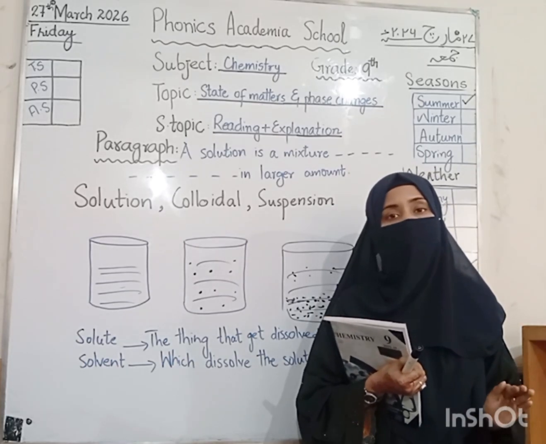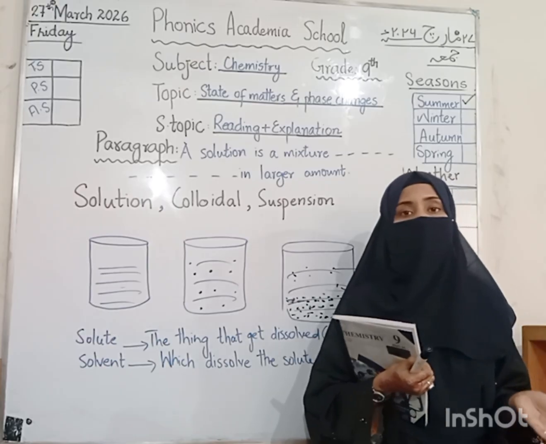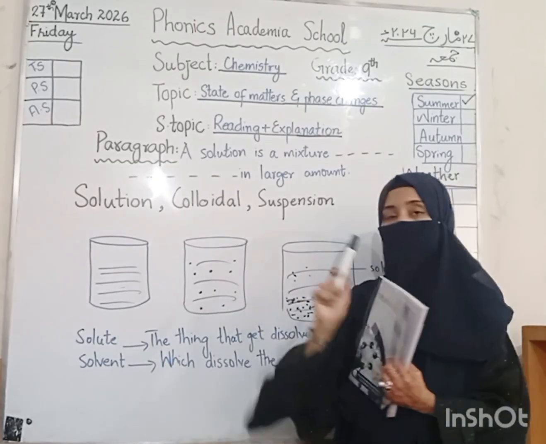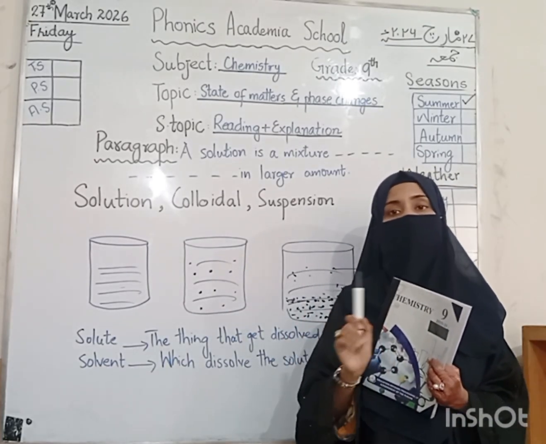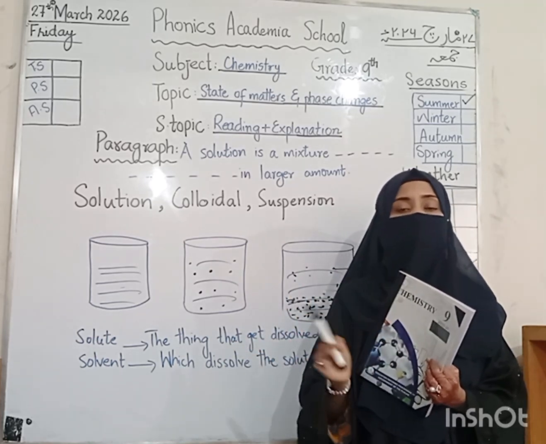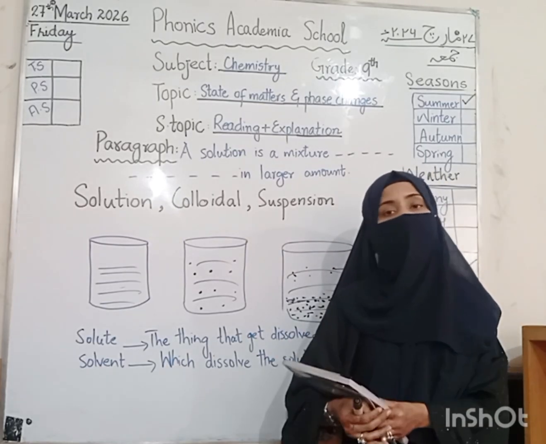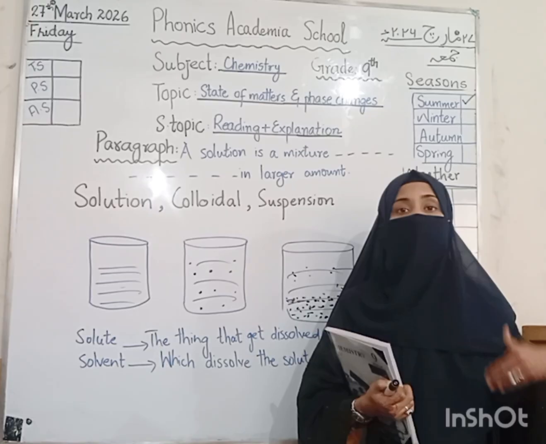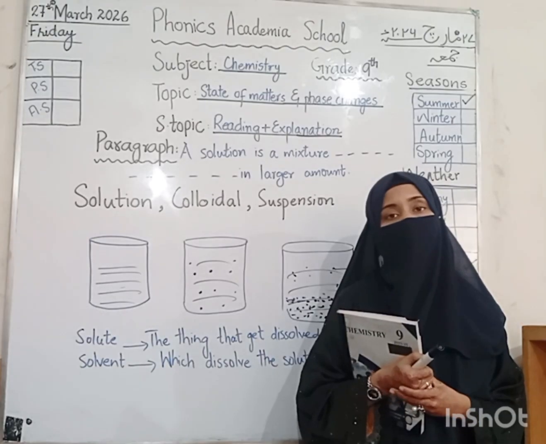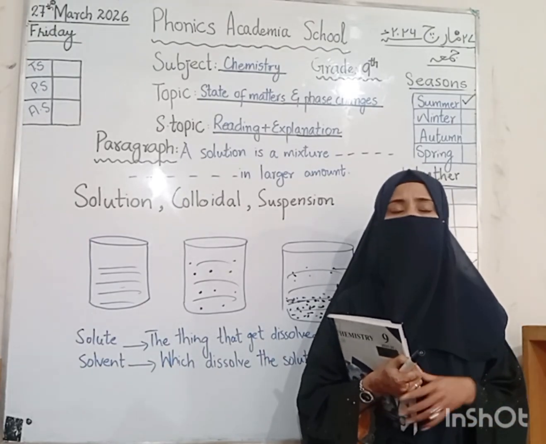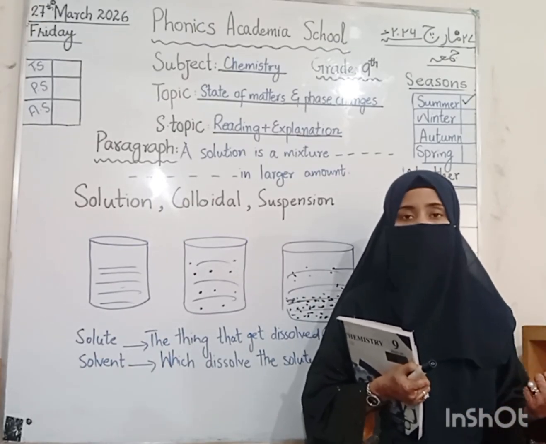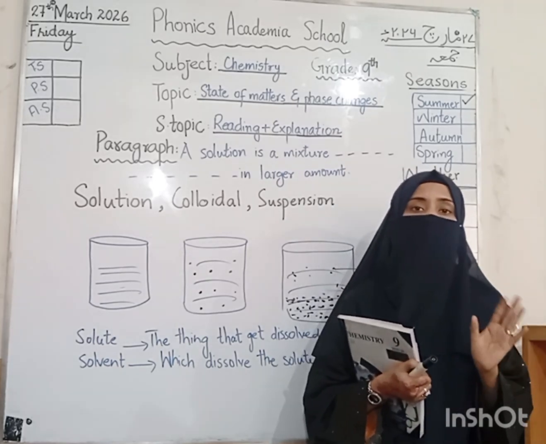And when there is no capacity left to dissolve the solute in itself, that solution is called a saturated solution. Two types of solution, saturated and unsaturated. In unsaturated there is capacity left, we can still dissolve more in it, and in saturated there is no capacity left, you cannot add more to it until you increase the temperature. Until you increase its temperature, you cannot add more solute, sugar or salt, whatever you are going to add. That solution is called a saturated solution. Unsaturated still has capacity, and in saturated there is no capacity left to add solute.